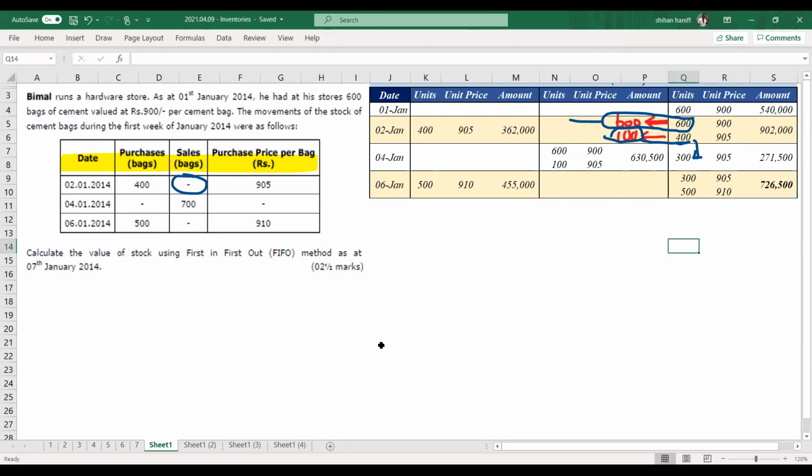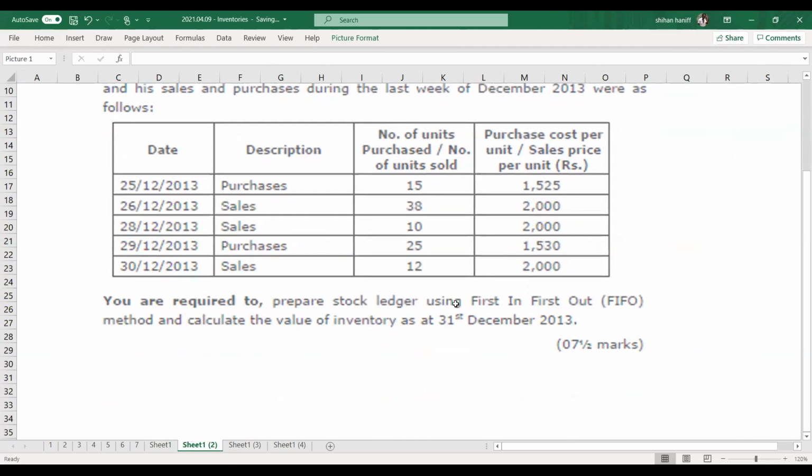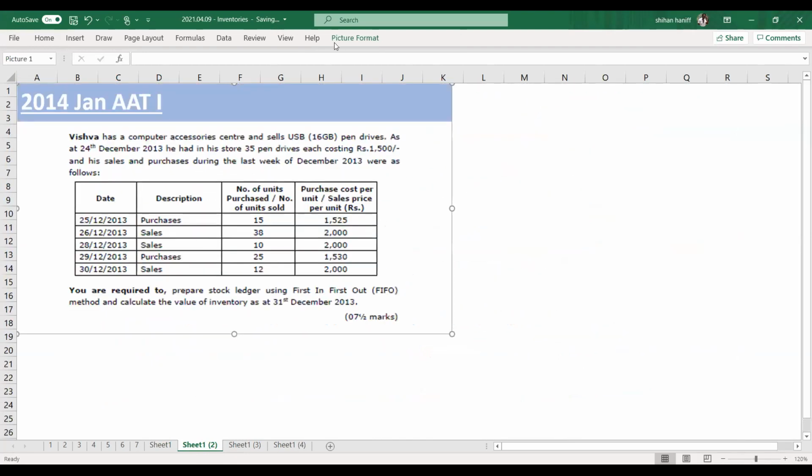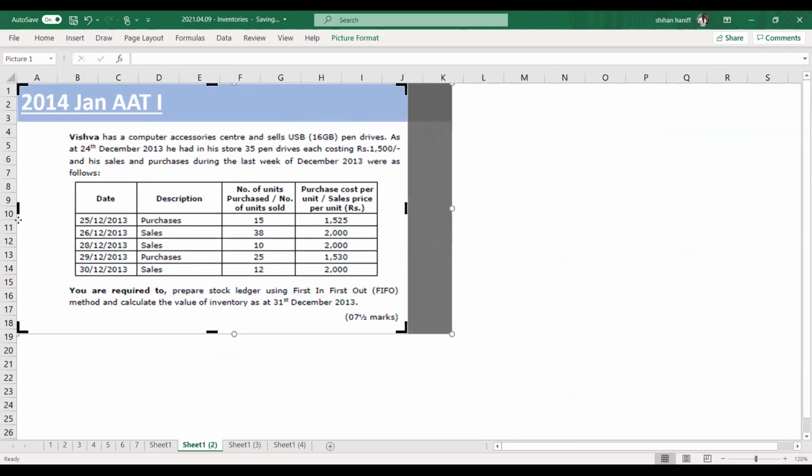Now let's do another question. Again, first in first out. So let's do this question. Can you all find the answer?